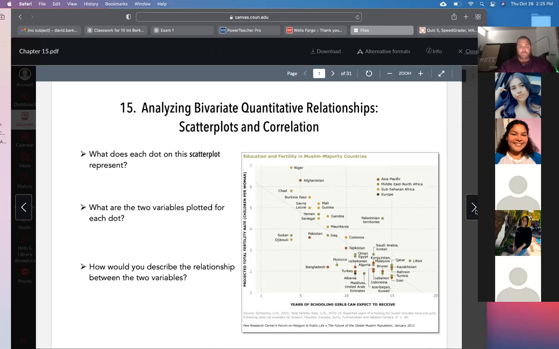Does it seem that there is a relationship in the sense that women in countries with fewer years of schooling on the average have a higher fertility rate? Does that seem like a reasonable relationship? Yeah, compared to women who have more years of schooling.